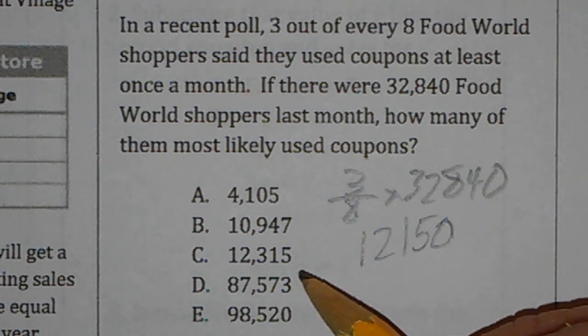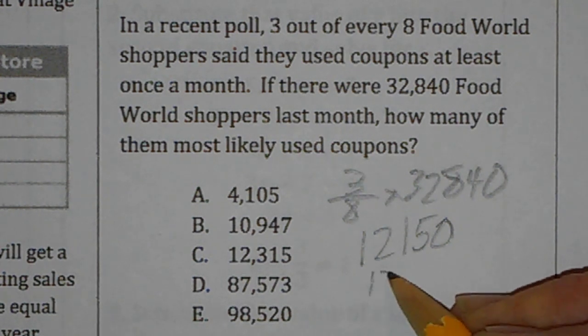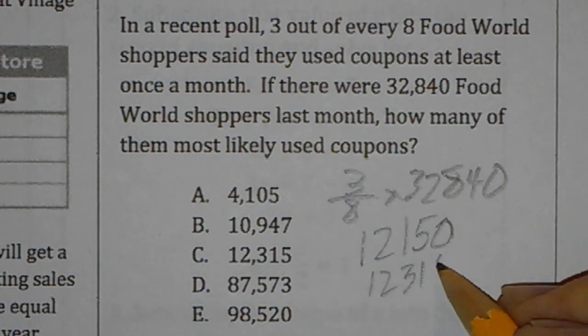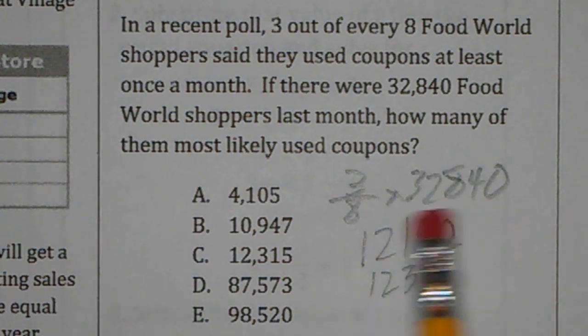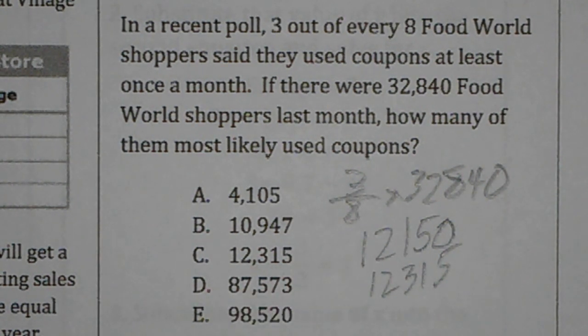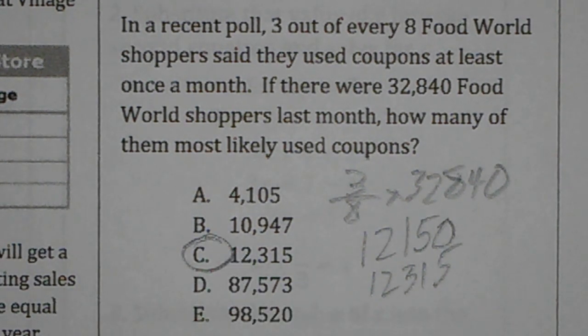Oh, actually, I think I made a mistake there. All right, it comes out to 12315. Okay, so plug that in and check. But anyway, it comes out to this C answer, and that makes sense. It's a little bit less than 16,000.